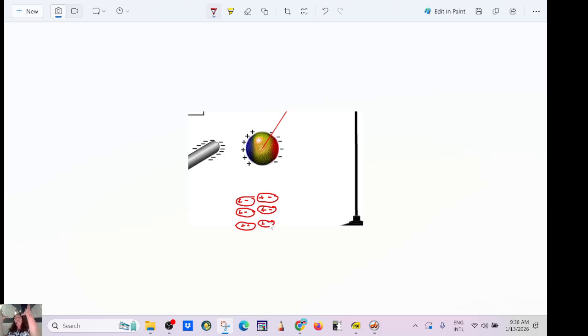The molecules will change shape, but the electrons cannot move. So at the end here, you're going to have minus here, and that's going to be plus. But electrons cannot move, because it's an insulator.